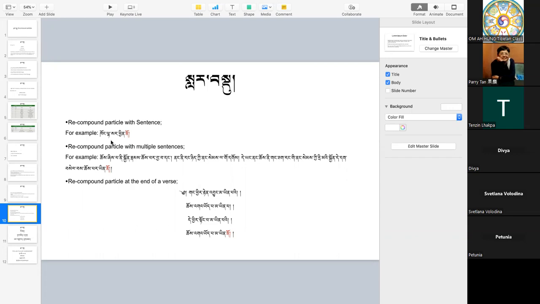So this entire sentence is a single narrative or statement. Now, recompound. Kong is a more respectful way of saying him, or it's more like they, but in a more respectful manner.